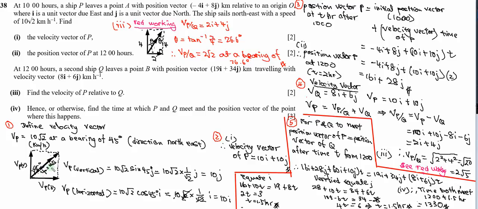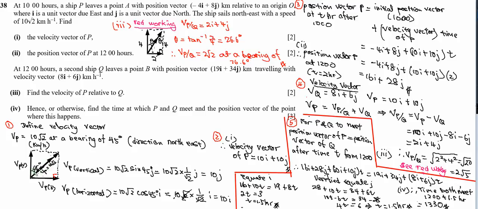Vp is 10 square root 2, but this velocity can be split into the vertical direction and the horizontal direction. Given this as the diagonal of the triangle with a 90 degree angle here, the velocity of P in the vertical direction, which is the j, is 10 square root 2 sine 45.